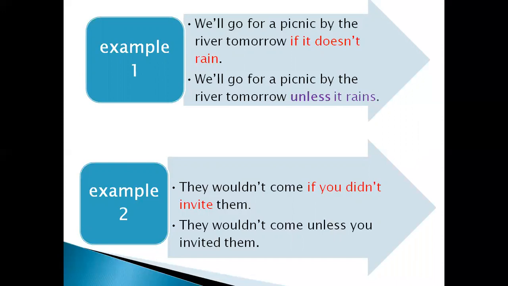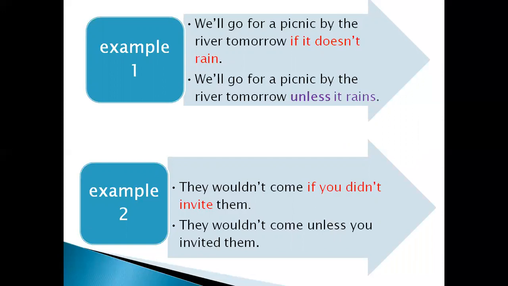But in the second one, we'll go for a picnic by the river tomorrow unless it rains. The first one, we said if it doesn't rain, but with unless, what do we use? Unless it rains. Can you notice the difference?